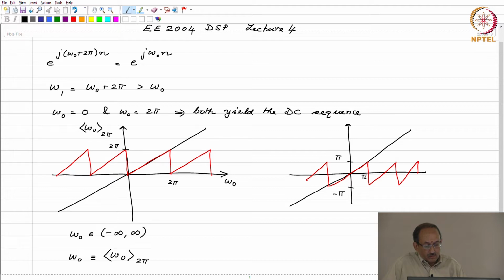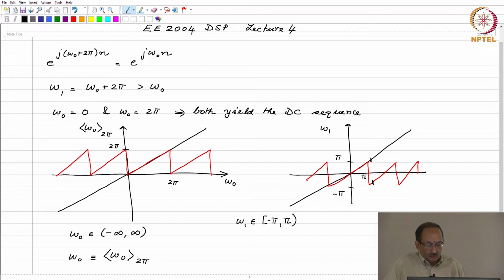As omega naught becomes greater than pi, you wrap it and it maps to a point here. Let me call this omega 1, and omega 1 belongs to the interval minus pi to pi.